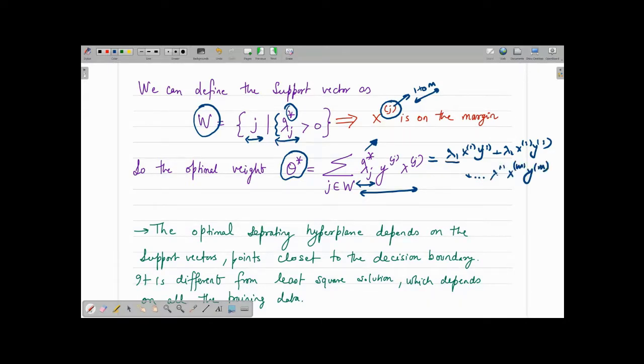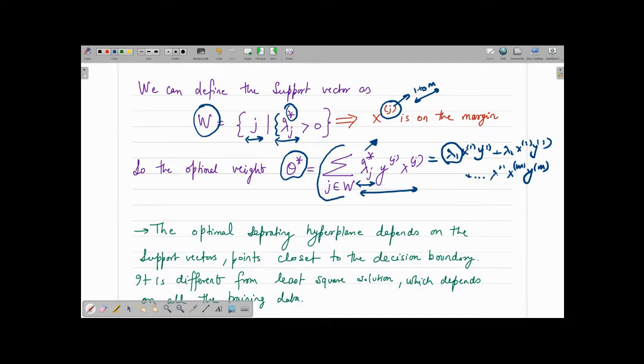Wherever you have lambda equal to 0, the term will obviously vanish, because most of them will be 0. Only a few of them will be non-zero. That is the advantage of this summation.